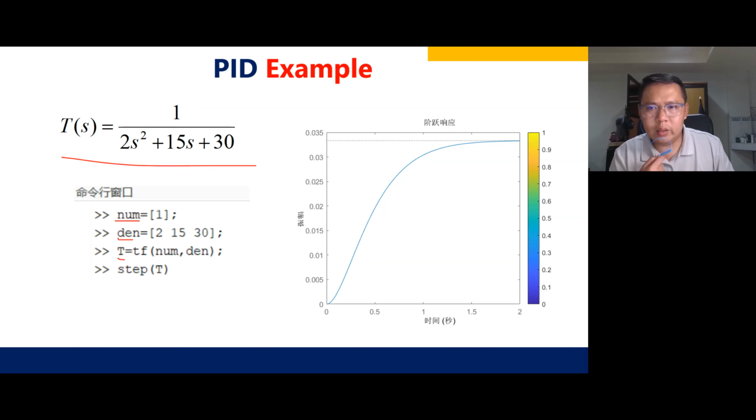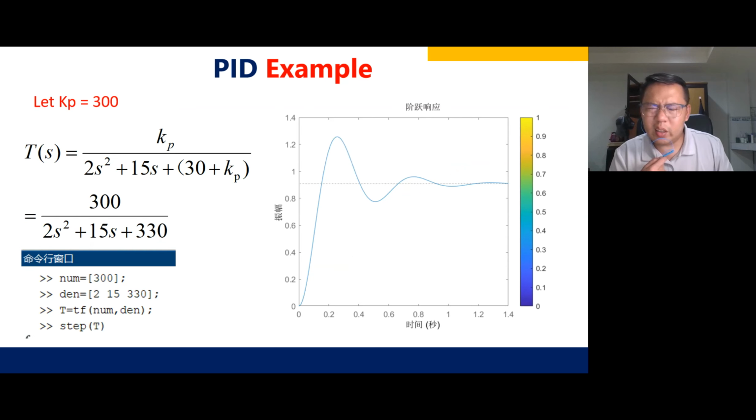Define T equal to tf(num, den). Then use step(T). We can get a graph of the figure like this. As we can see, the curve is not smooth.